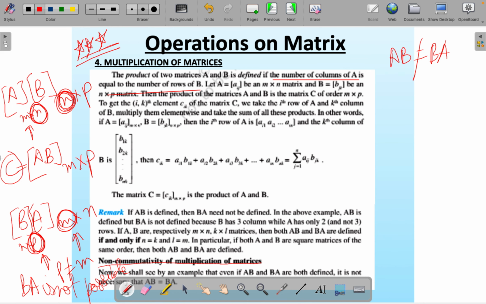Suppose AB is a matrix C. Then the element Cik, where the elements of A are represented by Aij and the elements of B are represented by Bjk. Obviously this j and this j must be equal, only then can you multiply, right? So the element Cik that results from the multiplication will be the summation of Aij into Bjk.